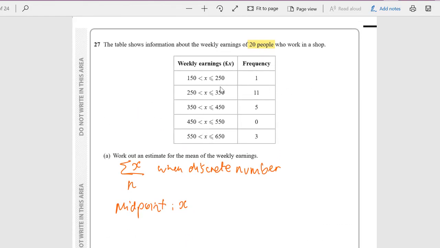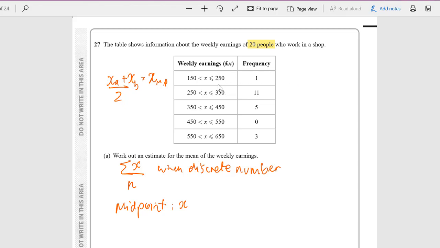So for here we've got 150, 250. One thing you can do is call it x_a plus x_b, just those two, and then divided by 2, which will give us the x midpoint. This is my own notation just for you to understand the concept, but essentially it's a simple case of adding this, adding that, and then dividing.